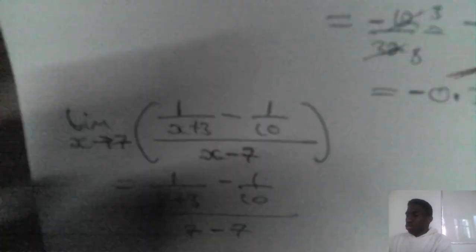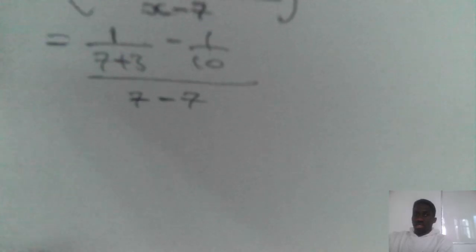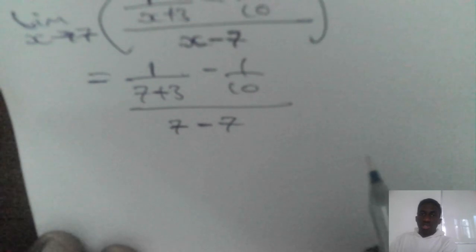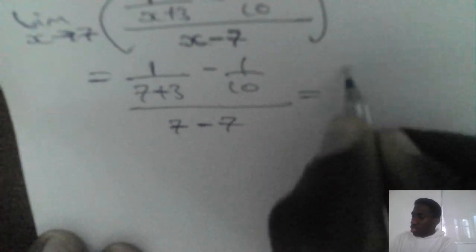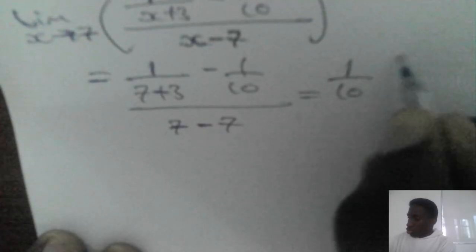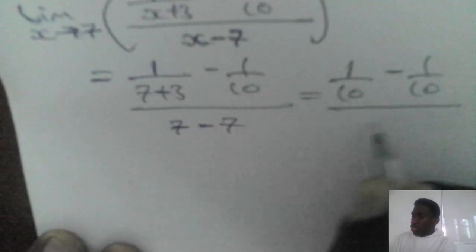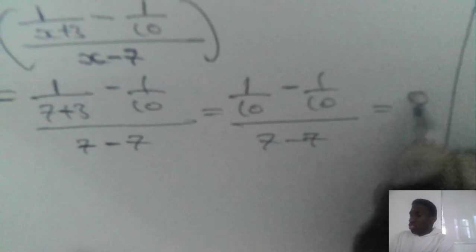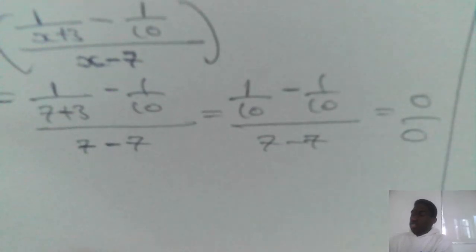This is what I obtained when I tried that: 1 over 7 plus 3 minus 1 over 10 divided by 7 minus 7. This leaves me with 1 over 10 minus 1 over 10, divided by 0. We all see where this is going. 0 over 0, indeterminate form.